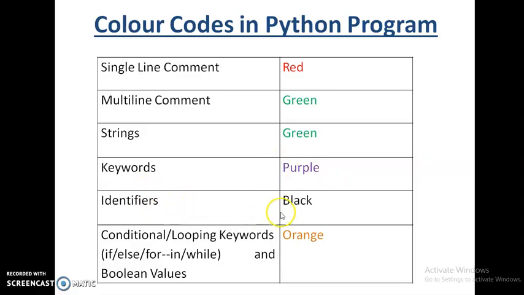All the identifiers, that is variables and method names declared by a programmer, are in black color, and all the conditional and looping keywords, that is if, else, for, in and while, along with boolean values, are all in orange color. Now let us see all these colors in a program.